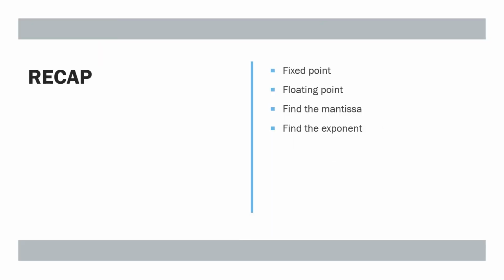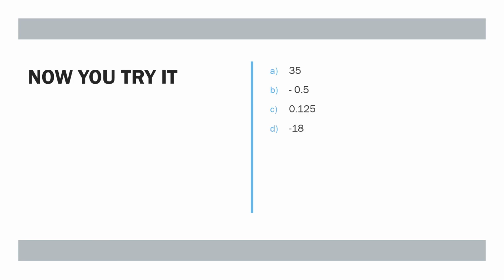So to recap, you know the difference between a fixed point and a floating point number. In order to convert a fixed point number into a floating point number, you find the mantissa looking for the pattern 01 or 10, and then you count the number of hops to get the point back home, and that's your exponent. So here are 3 decimal numbers.